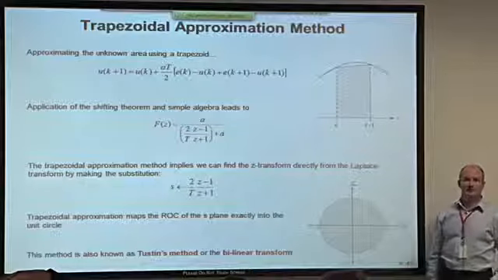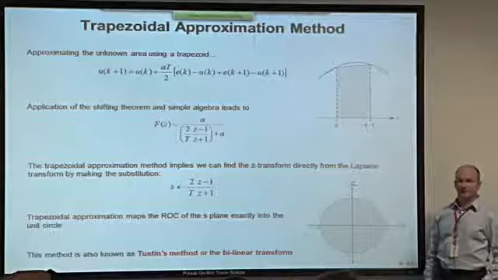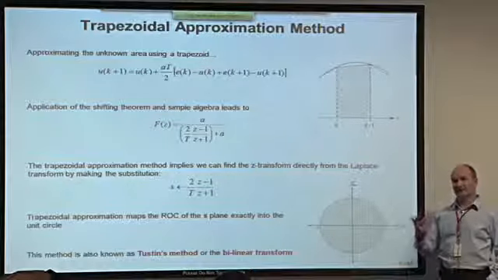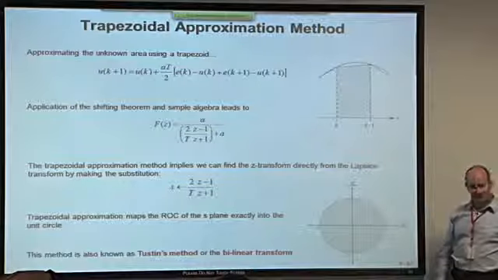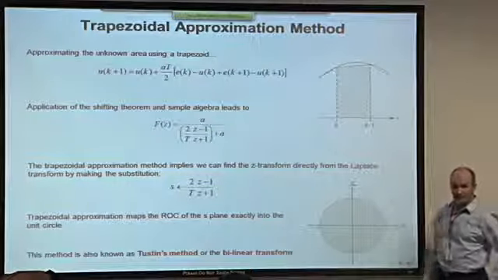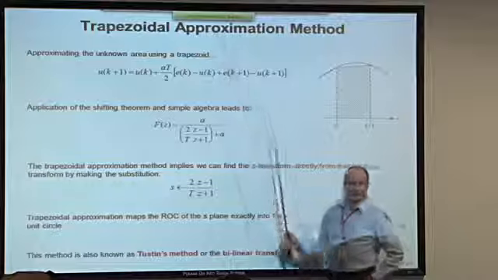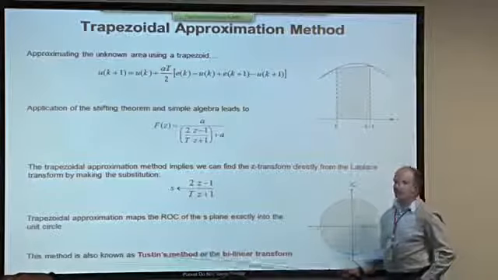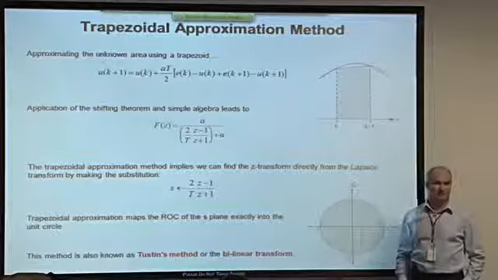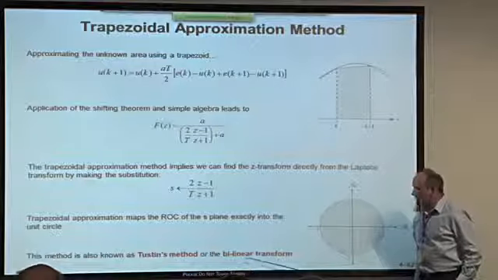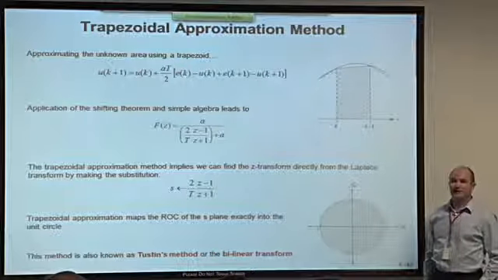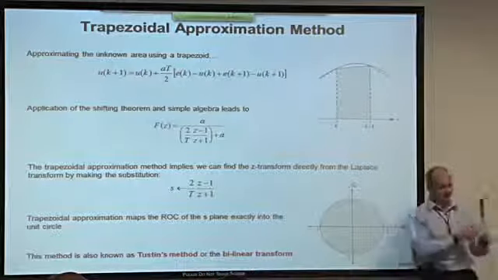It's relatively easy to do with a paper and pencil, and it's so popular it goes by at least 3 names, which mean exactly the same thing. It's called numerical approximation using the trapezoidal method. It's called Tustin's method, after a man called Arnold Tustin, who first published it. And it's called the bilinear transform. All of those names mean exactly the same thing.